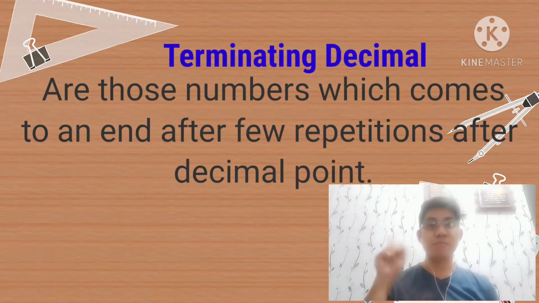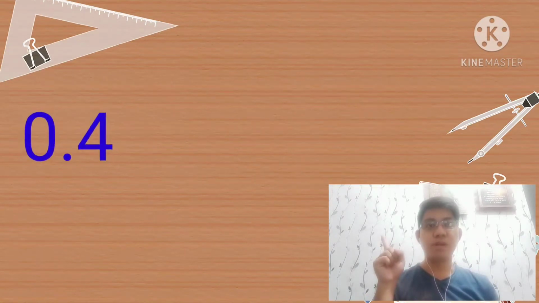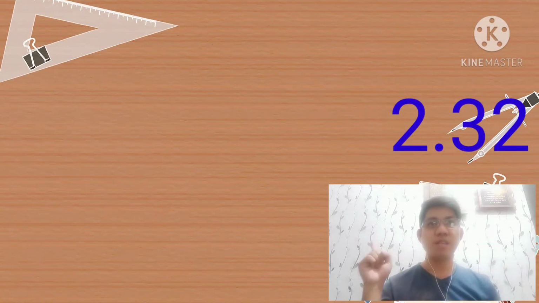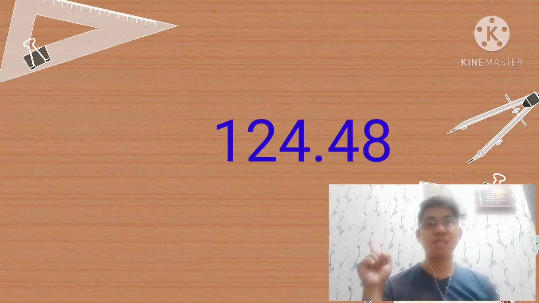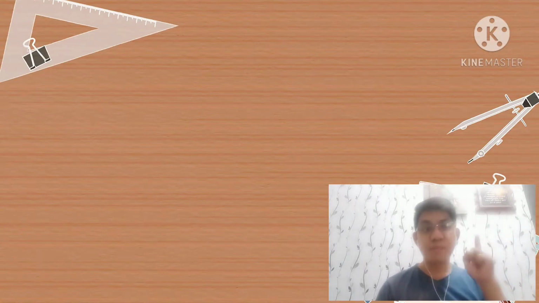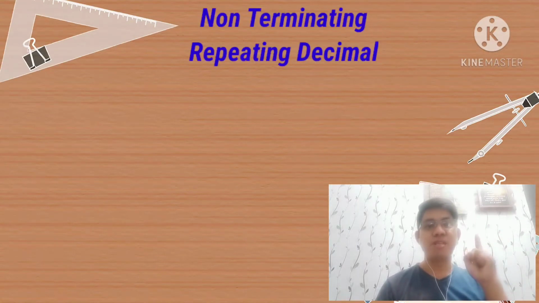Examples are 0.4, 2.32, 124.48, and so on. Next naman is kailangan alam naman natin yung tinatawag na non-terminating repeating decimals.